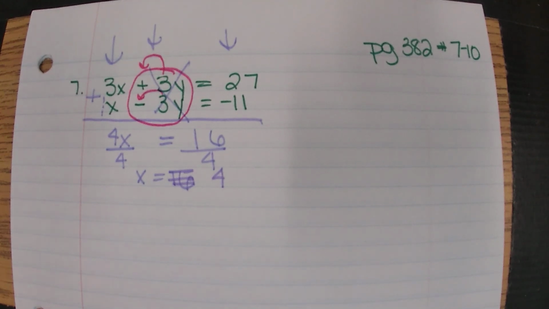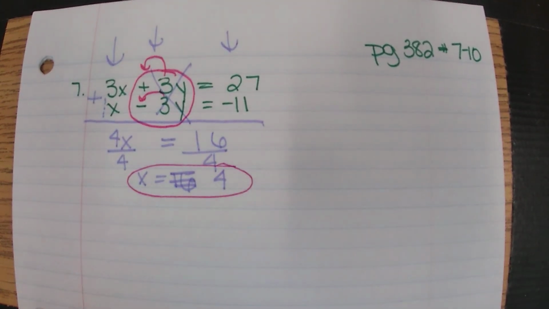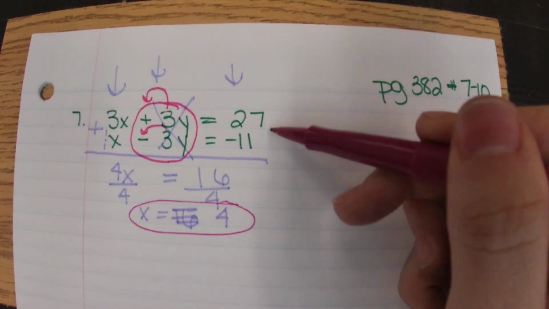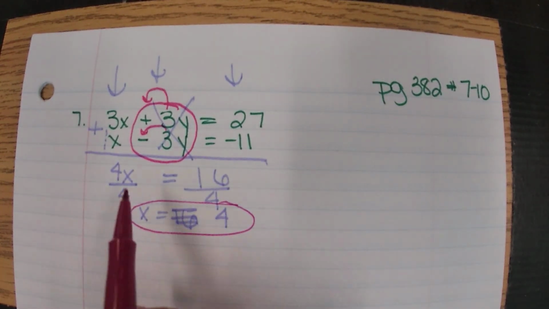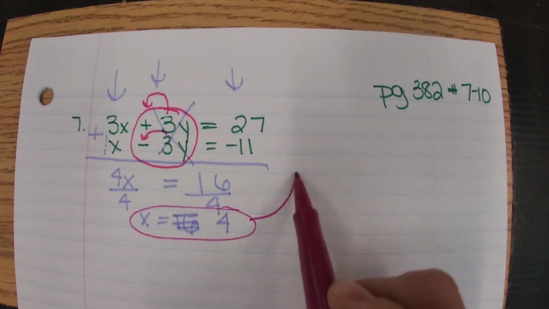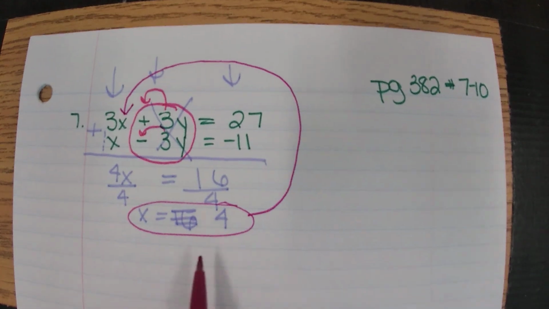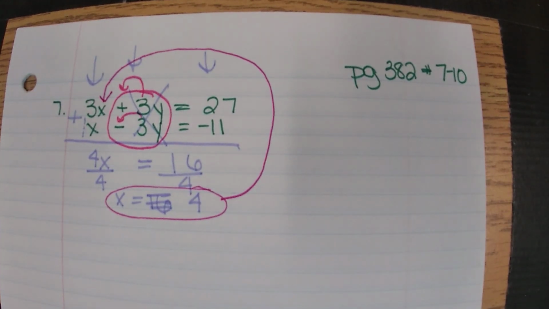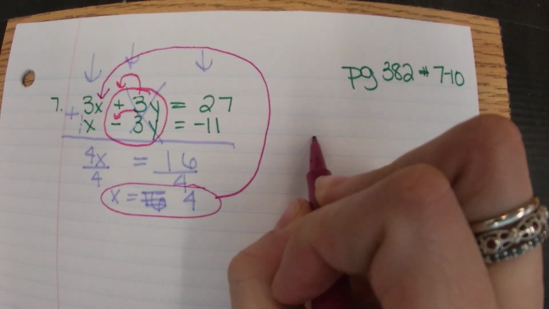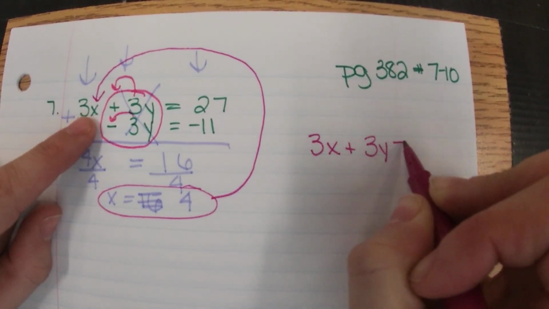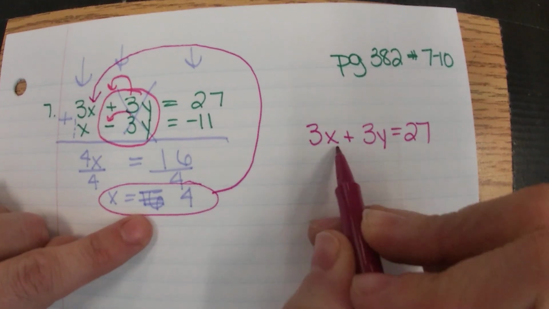Now, we need to take this x value of 4, and we need to plug it back into one of the original equations. So we can plug it into either of these. We just need to make sure we're plugging it in for x. So I'm going to go up here and replace the x. I'm going to substitute it with 4. So now instead of saying 3x, right, this was my original equation, 3x plus 3y equals 27. And I'm now putting that 4 in for x.